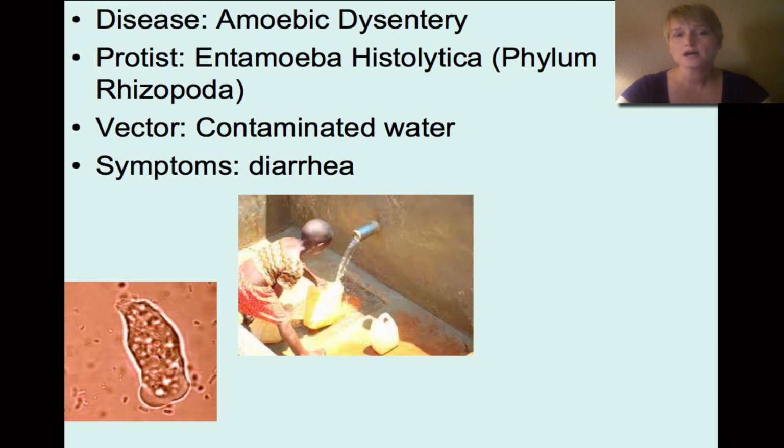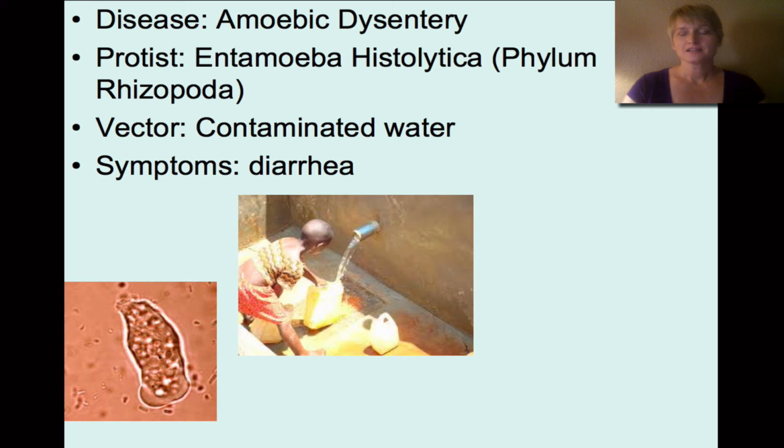But if you live in a third world country, and they don't have immediate access to clean water, and they don't have immediate access to health care, diarrhea causes a lot of death in those countries. So amoebic dysentery is caused by Entamoeba histolytica, and it's from the phylum Rhizopoda, and it's carried by contaminated water.